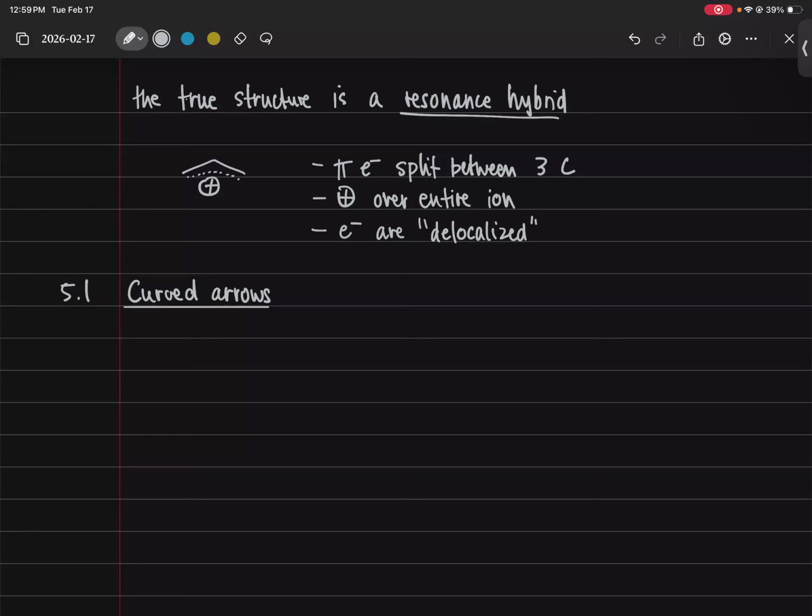So this is something we're going to see throughout the entire rest of the organic sequence. And in this particular chapter, we're going to use them as tools for drawing resonance structures and for showing the relationships between them.